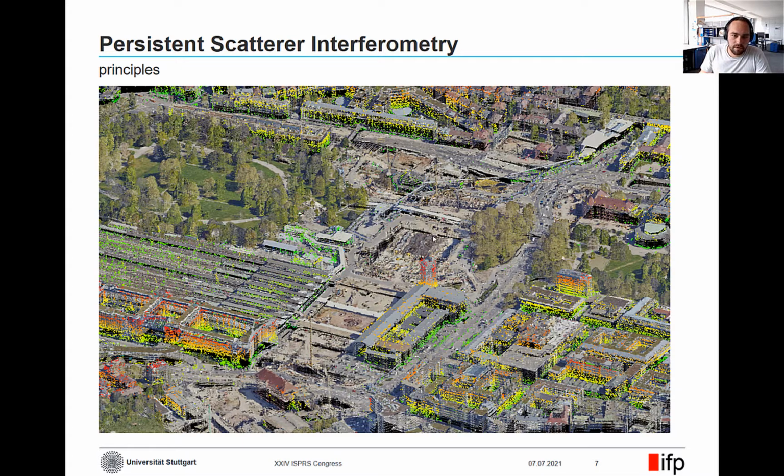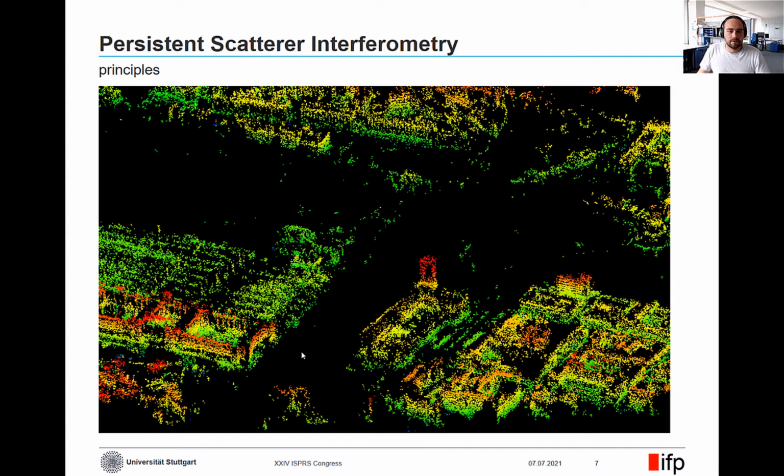There are also no points here because there's an ongoing construction, and if things are changing too quickly in the radar scene, we also won't get points because there's no steady phase change, basically. Here you see again there are no points in the area that changes very quickly or in the vegetation, but we get a lot of points on the houses.